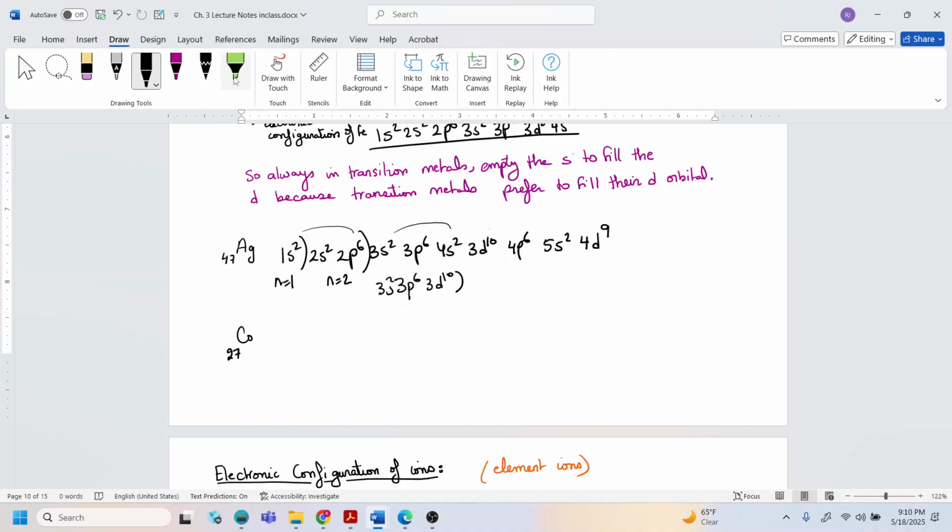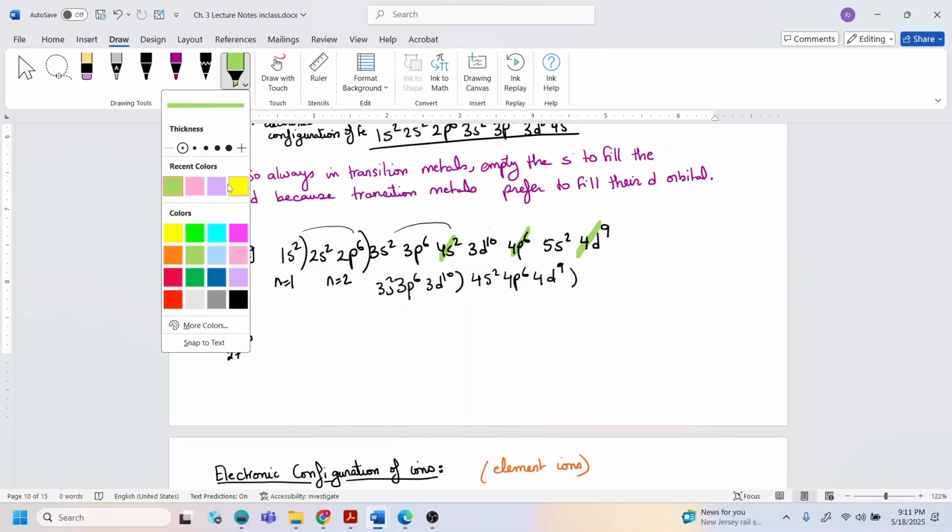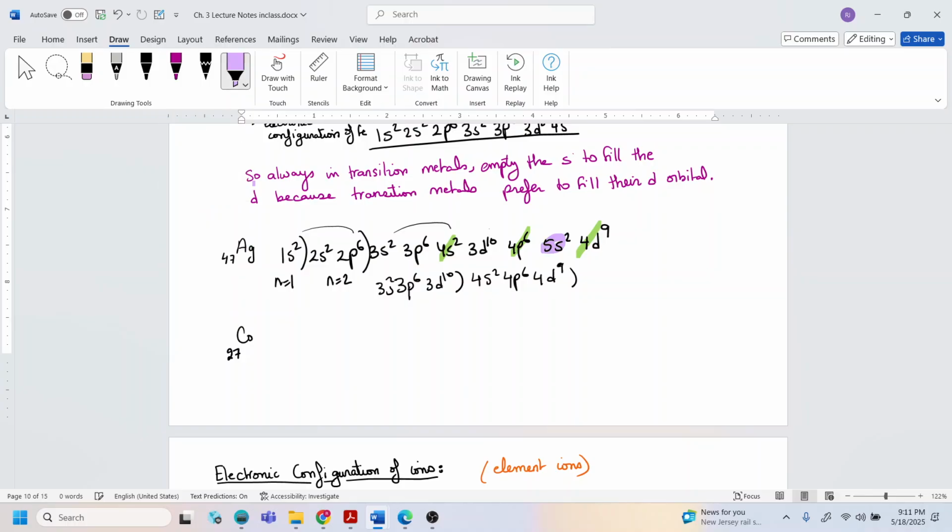And then we have the n equal to 4, with the s orbital, the p, and the d. And then the last one is going to be the 5s2. The 5s2 is the outermost.